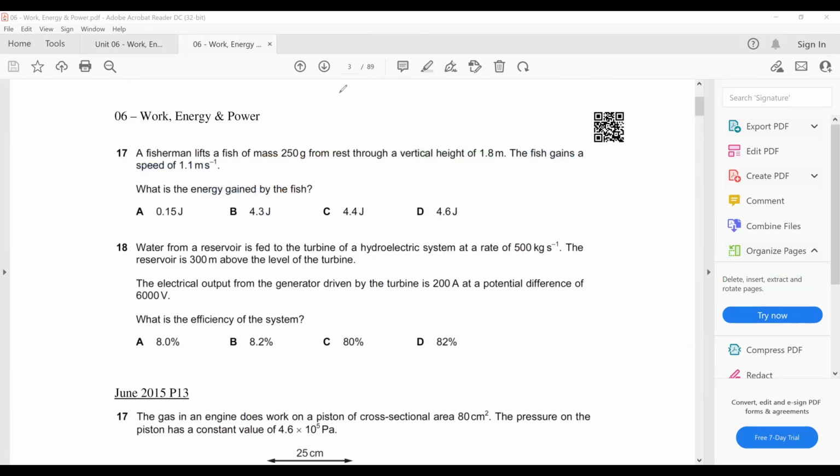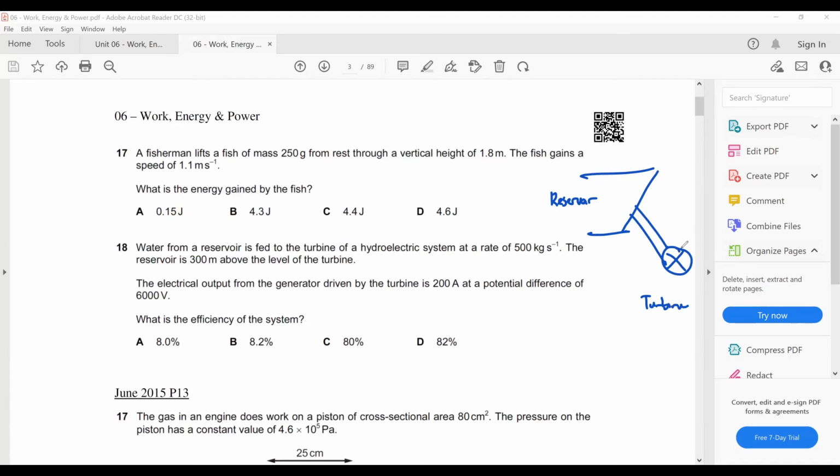Okay, so what they're saying here is this. It'd be better if I just draw it out for you. This is your reservoir. You have water from a reservoir that drives a turbine.